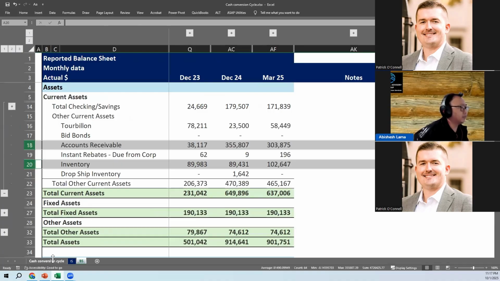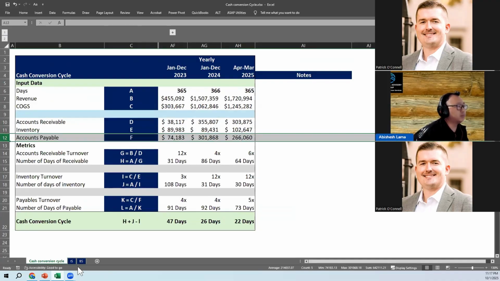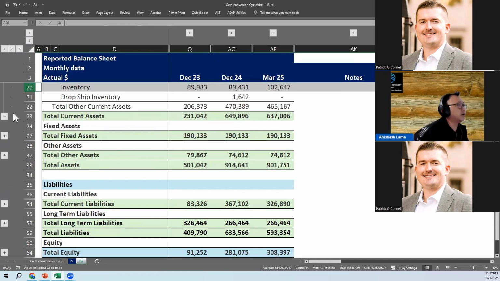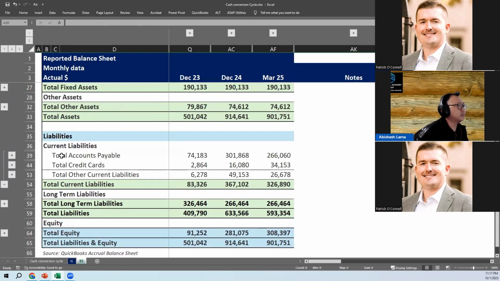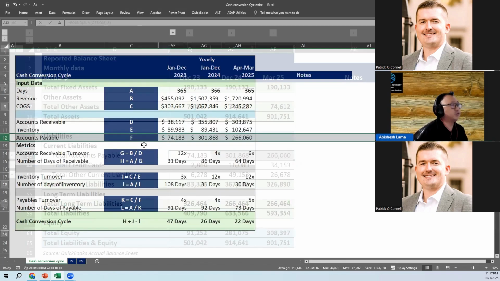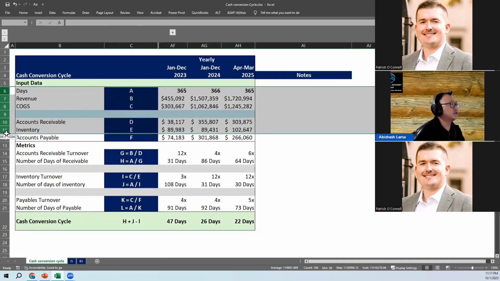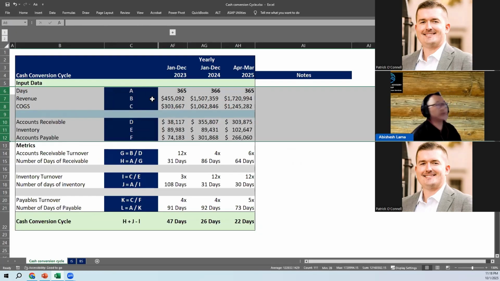This data has been updated over here, and accounts payable data comes from the current liabilities section. So total accounts payable, whatever is the balance in the balance sheet, would have to be populated over here. The first few lines, A to F, are the inputs for computing the cash conversion cycle.